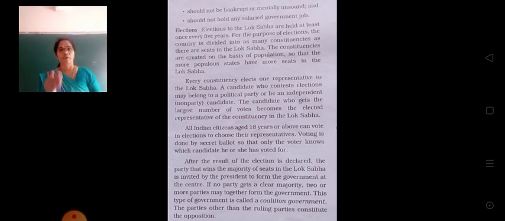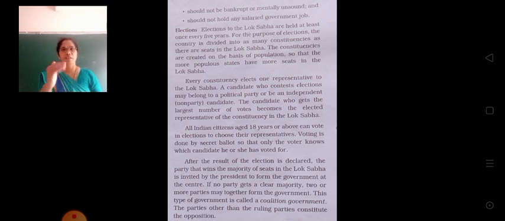So more populous states have more seats in the Lok Sabha. If the size of the state is big, then many constituencies will be there. Every constituency elects one representative to the Lok Sabha.